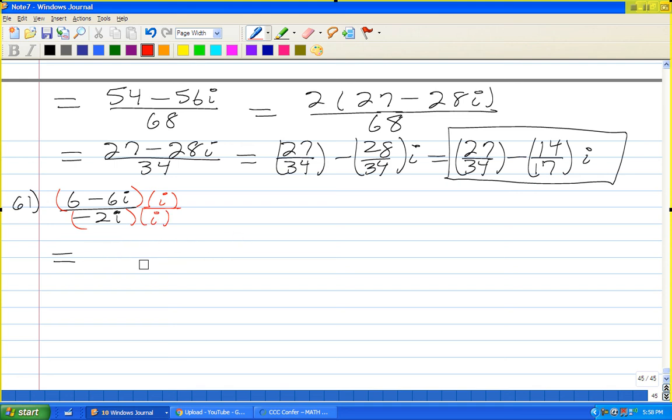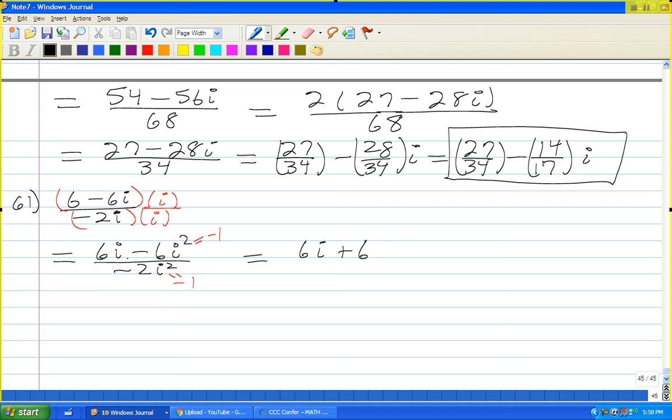And so this is equal to 6i minus 6i squared over a negative 2i squared. But again, i squared is negative 1. So this is equal to 6i plus 6i plus 6.